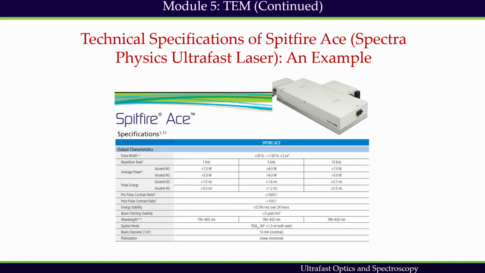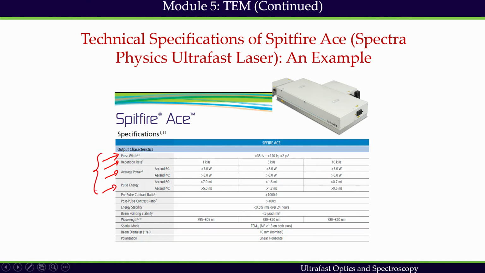So with this we will take a look at the specification. In module 2 we have looked at different specifications of laser systems manufactured by different vendors. We have gone over the meaning of pulse width, repetition rate, average power, and pulse energy.